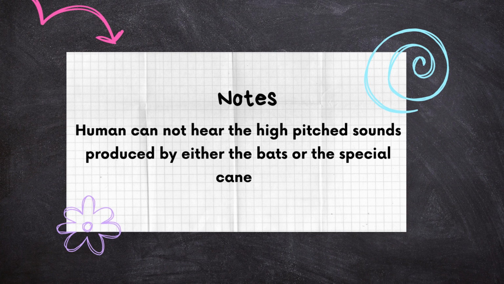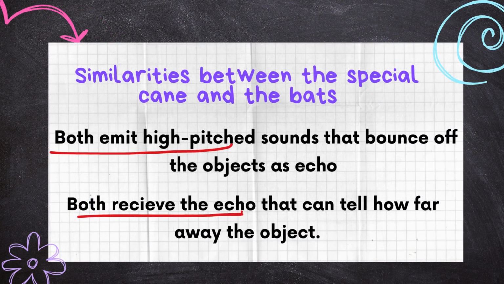This is because humans can't hear high-pitched sounds, like the high-pitched sound waves produced from the bat. So it is very important to note that humans cannot hear the high-pitched sounds produced by either the special cane or the bats.